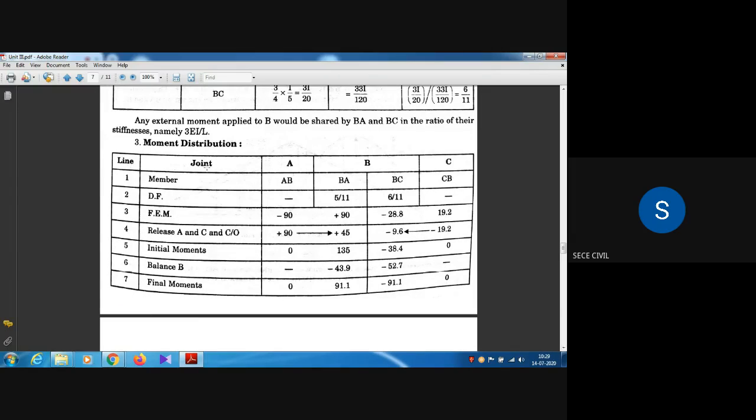Draw the first line, joints A, B, C. You can leave the first four steps and write from the fifth step only. From the fifth step, I am going to tell how they got these values 43.9, 52.7 and all, how these values come. We are distributing the moments.